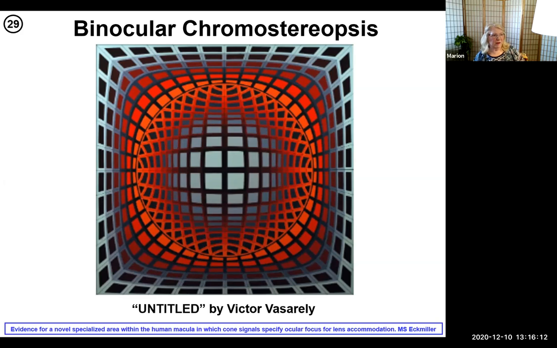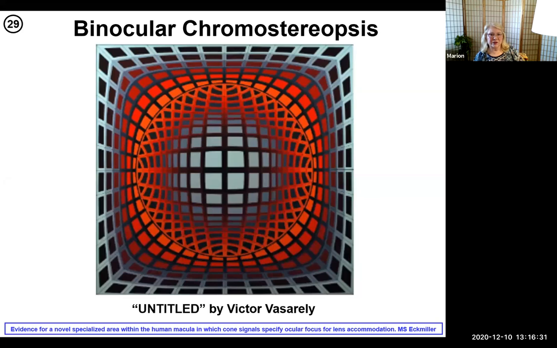This is demonstrating longitudinal chromatic aberration, okay? I hope you can all see that. If you now close one of your eyes and look at it, lo and behold, the depth perception disappears. This is a binocular phenomenon.